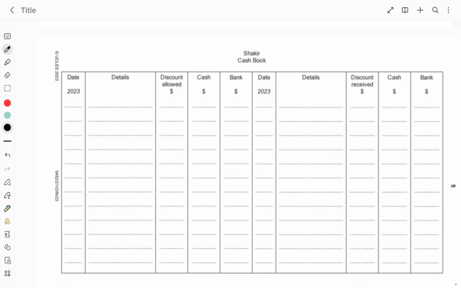So here we know that we have a balancing figure, right? If nothing is mentioned about debit or credit for your bank balance, by default it is a debit balance, because bank will show a debit balance because it's an asset, isn't it?